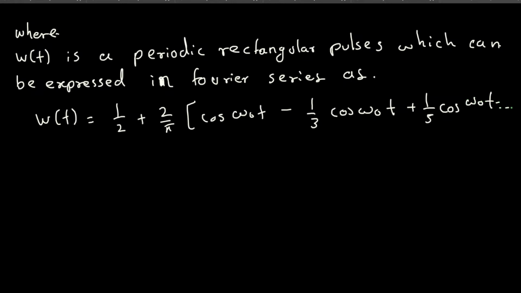So this is going to be minus 1 over 7, then plus 1 over 9. It's going to go forever like that.